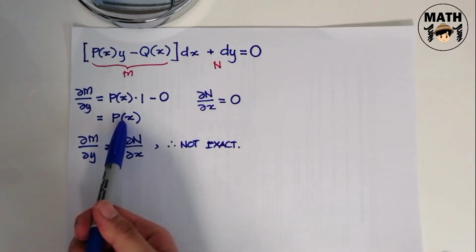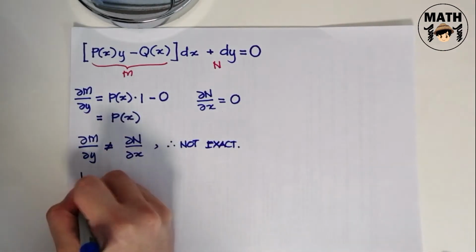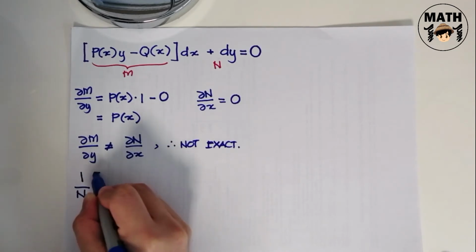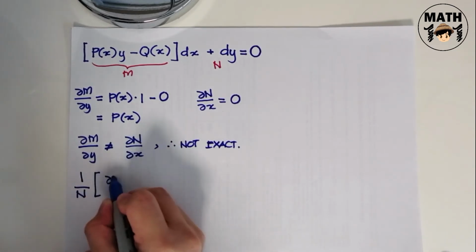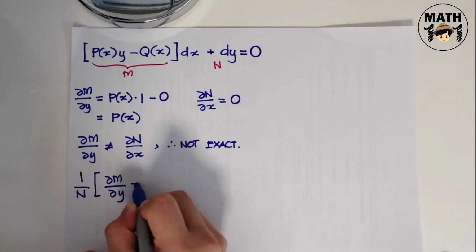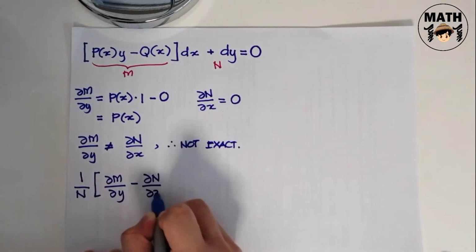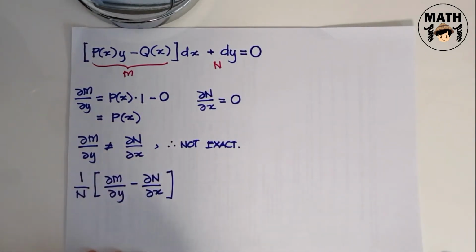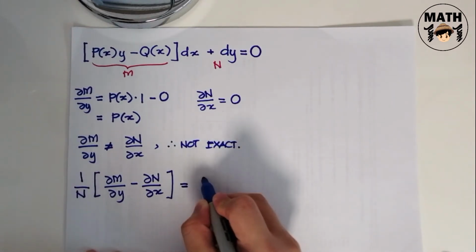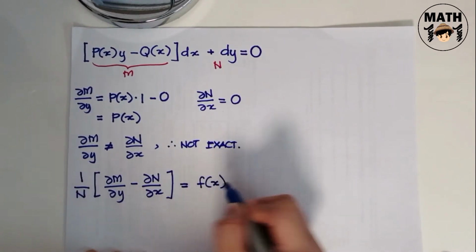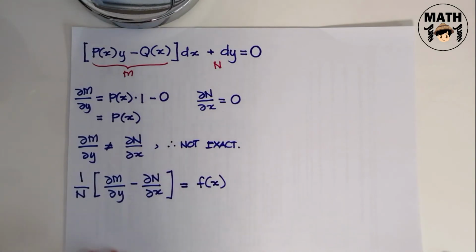Notice that if we divide the difference of these two by N, from our previous topic, kapag ang pinang-divide natin is N, ang ina-expect nating function ay function ng x. And yung ina-expect din natin integrating factor is also a function of x.